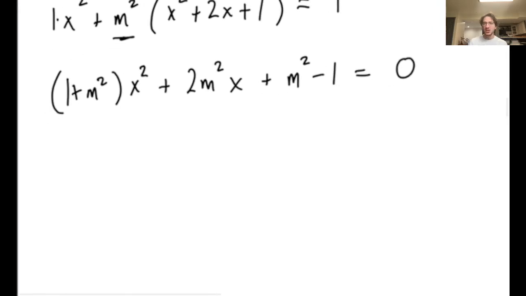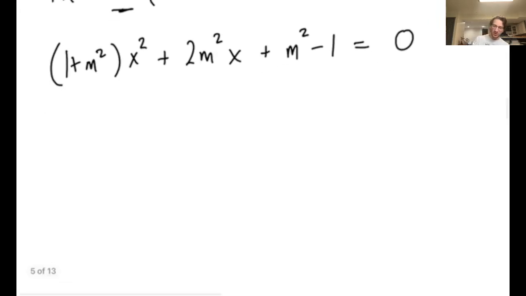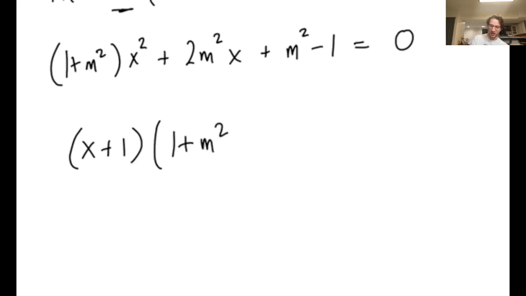So I can use that to my advantage. I know that this has to factor like (x plus 1) times something. Well, what's going to be the something that's left? It's going to have a (1 plus m squared) times x, because of this 1 plus m squared. And then what else does it need to have?